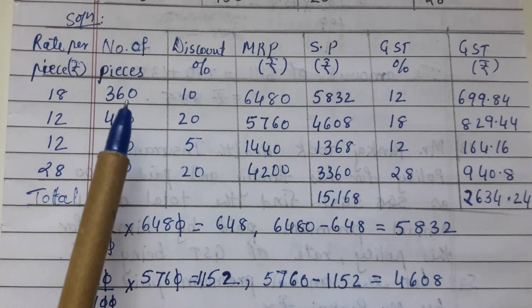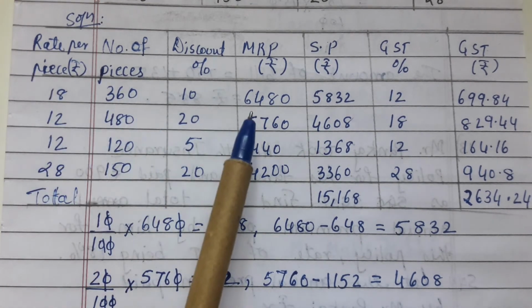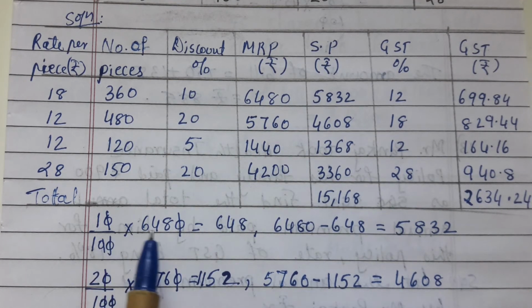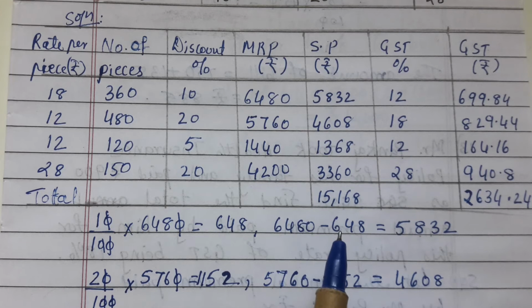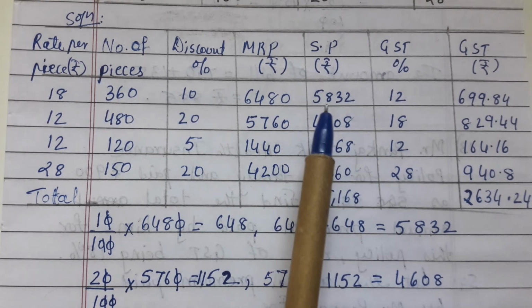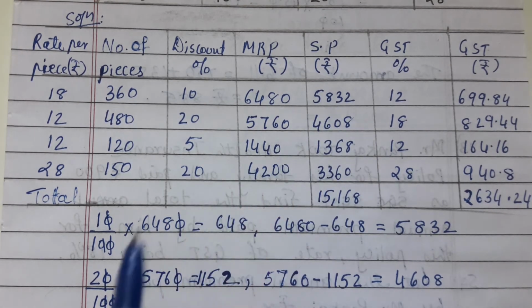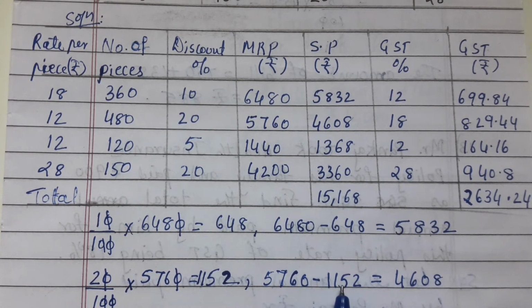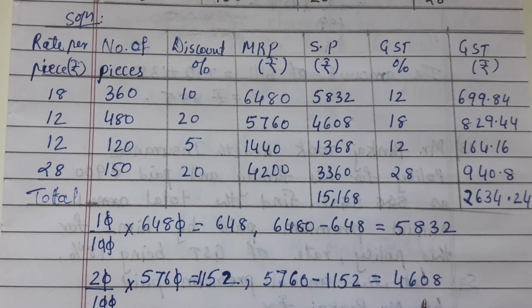So total MRP will be 360 into 18, 6480. 10% discount, so 10% of 6480 is 648. MRP minus discounted price is selling price, that is 5832. Okay, 20% of MRP 5760 is 1152. MRP 5760 minus discounted price is equal to 4608 selling price.